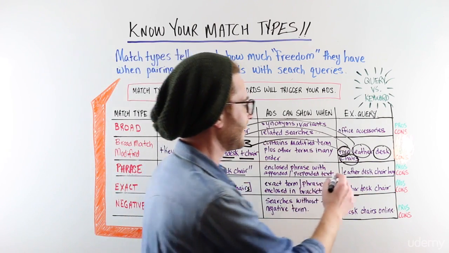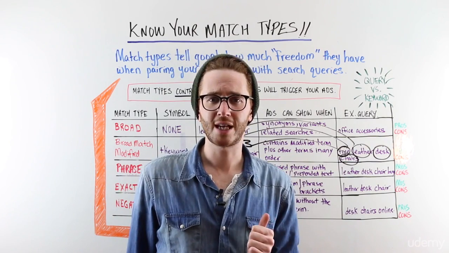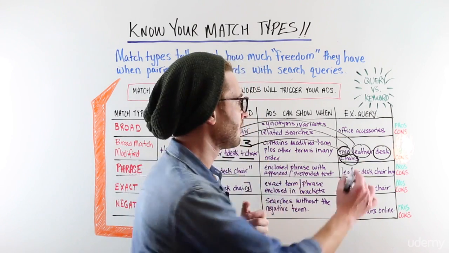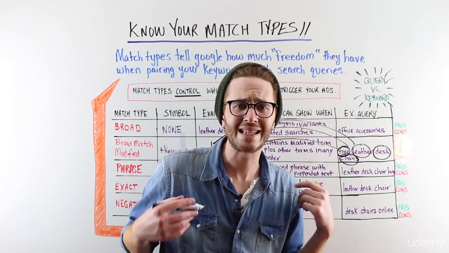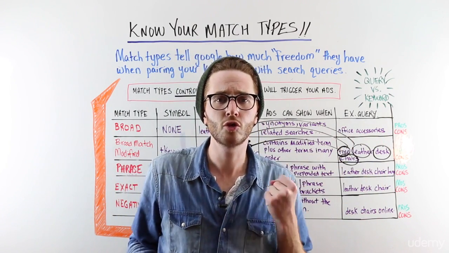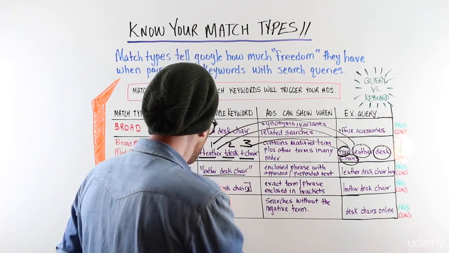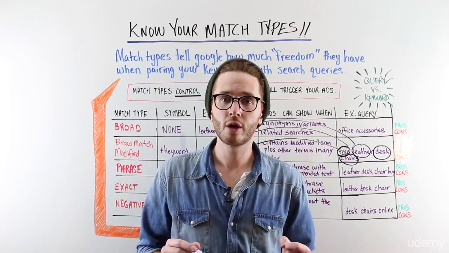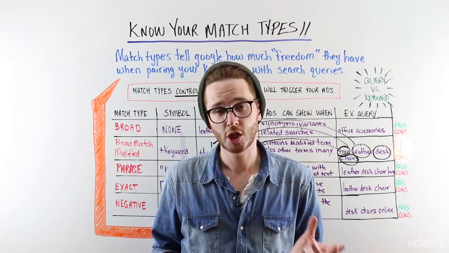So once again, leather desk chair buy, would that trigger an exact match keyword leather desk chair? No, because buy is not inside my bracket. Free, no. Office accessories, no. As you see, exact match keywords are giving me the most control, taking away the most freedom from Google. Leather desk chair in exact match could essentially trigger one query, which is leather desk chair or leather desk chairs.